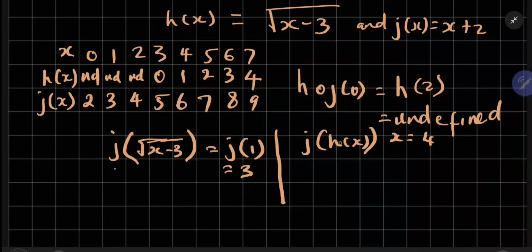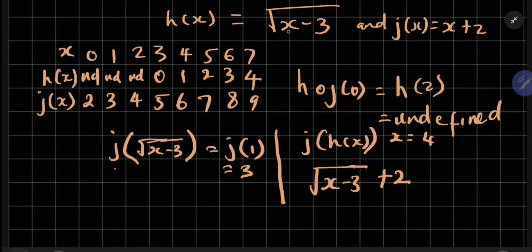Use h, the function of h, as an input of j. j is x plus 2, so in place of x, you have root x minus 3. So now we have root x minus 3 plus 2. Does that make sense? Yes.